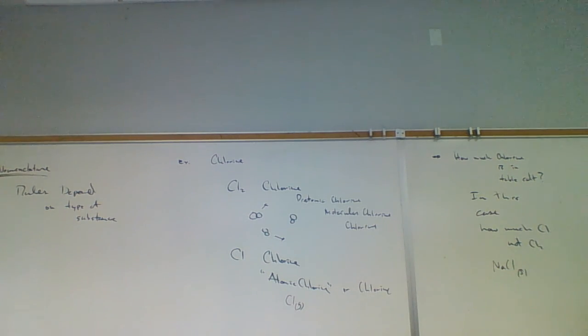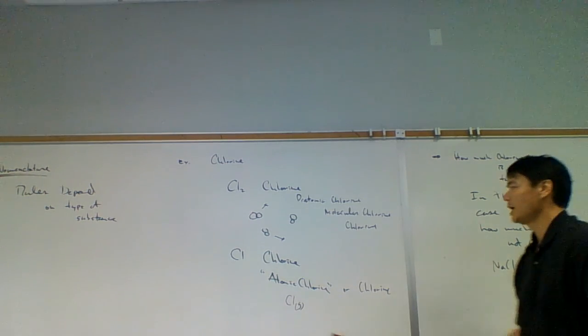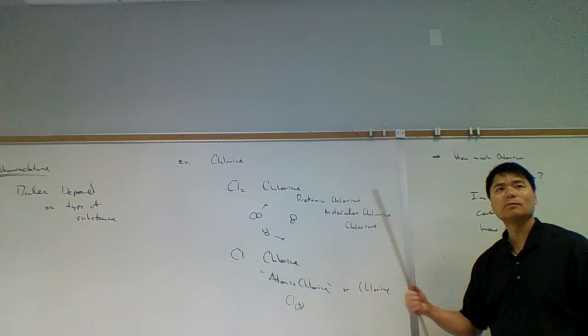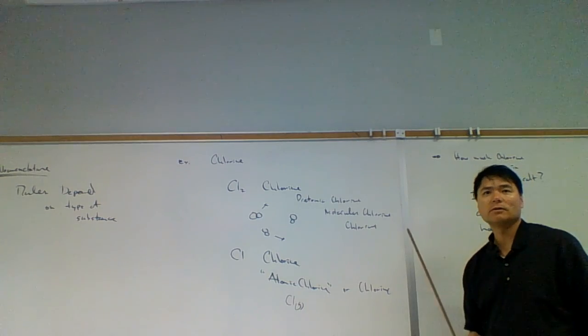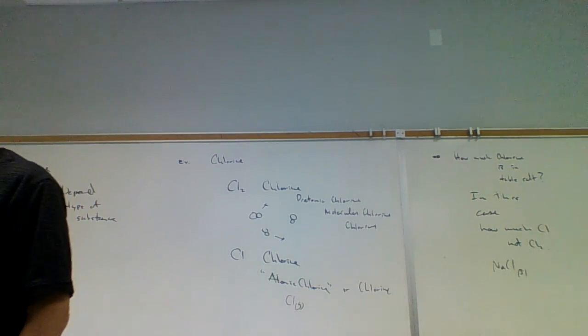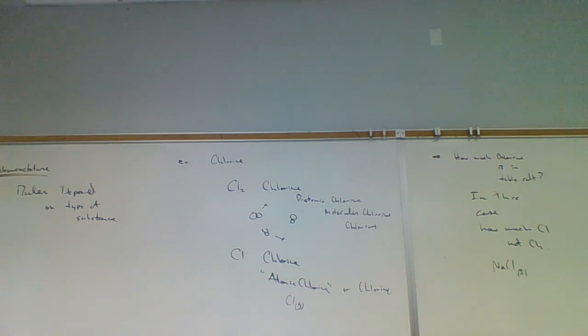When you break the atoms apart, they're not that happy individually. And so atomic chlorine is much more reactive chemically than molecular chlorine. Molecular chlorine is more happy being paired. Atomic chlorine is going to be very unhappy by itself, and so that makes it chemically much more reactive.